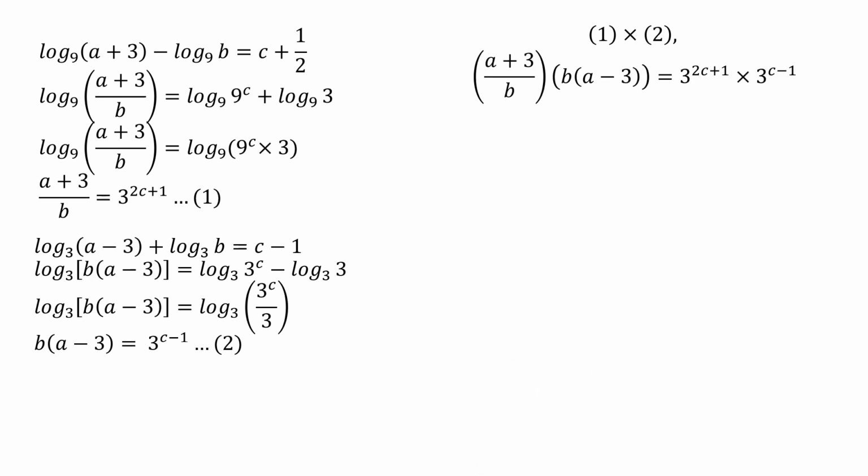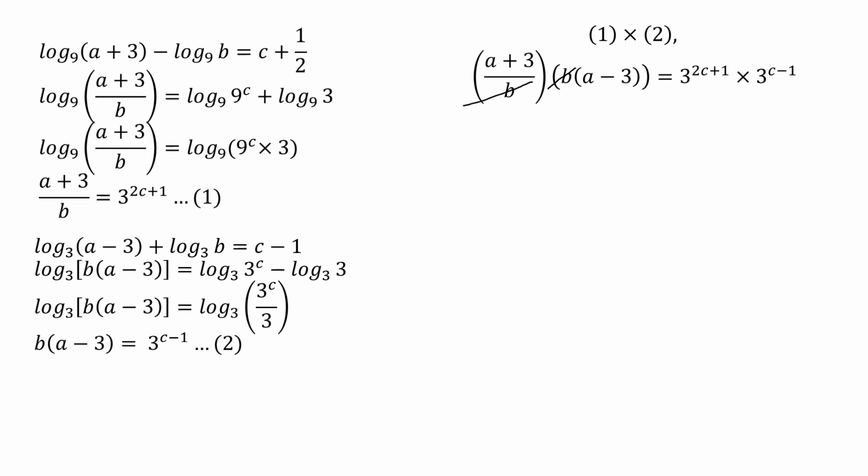When we do that, we realize that the b's are going to cancel out. And you are left with a plus 3 multiplying a minus 3 is equal to 3 to the power 2c plus 1 multiplying 3 to the power c minus 1. You add the powers and you get 3 to the power 3c.